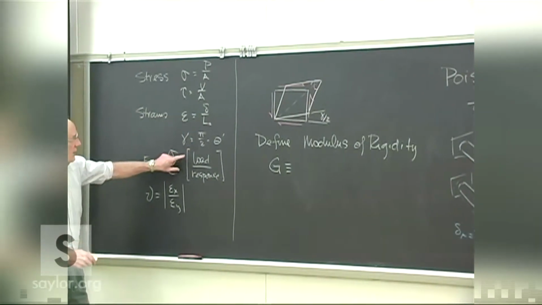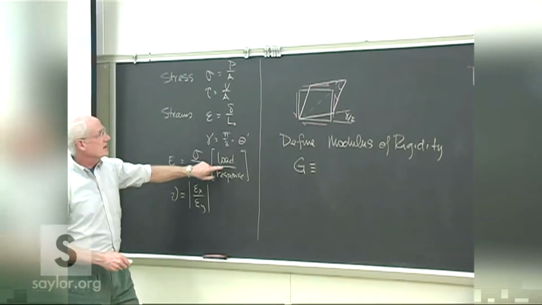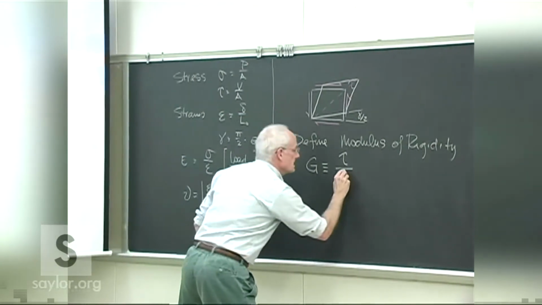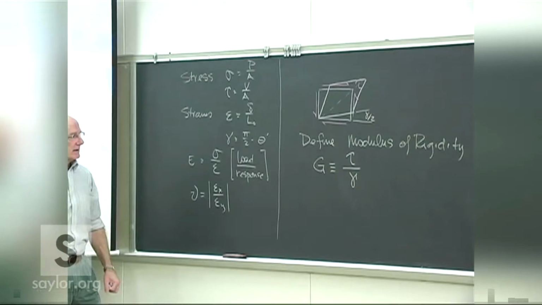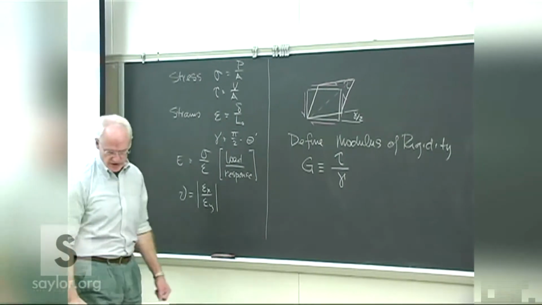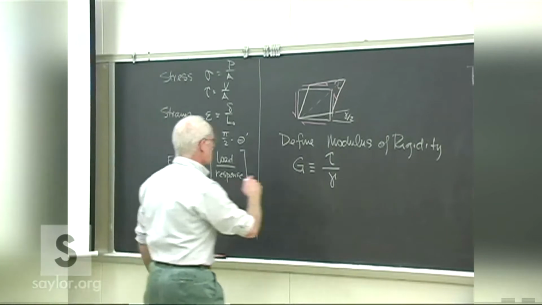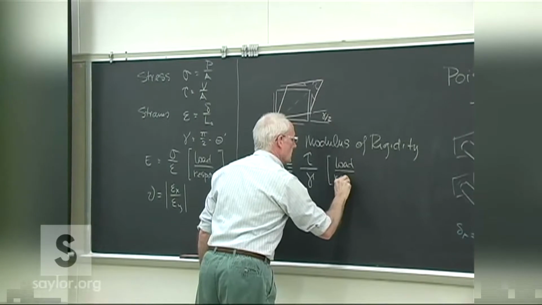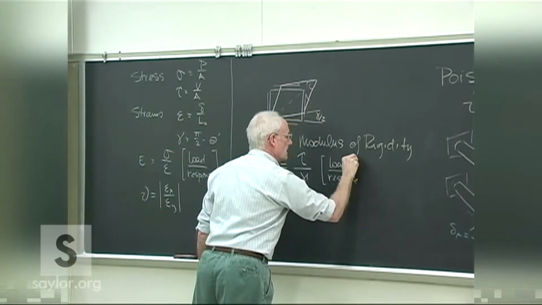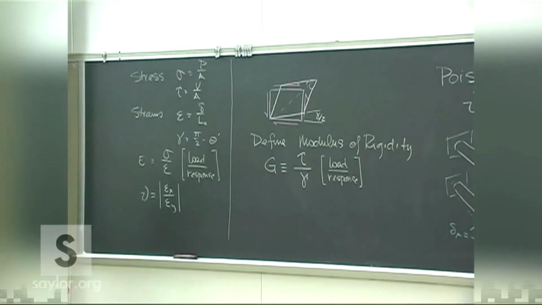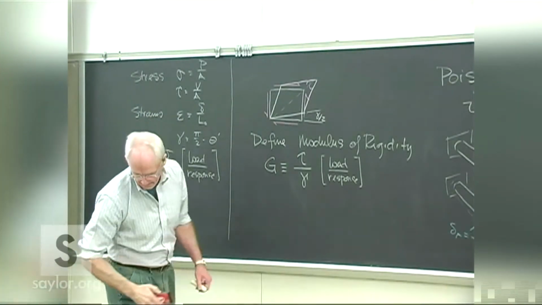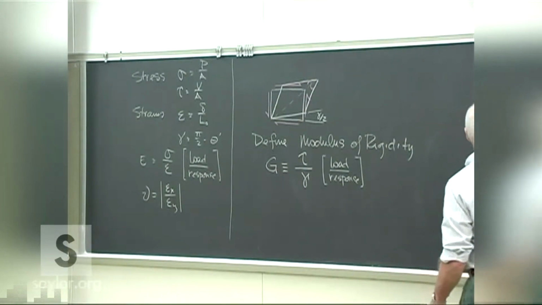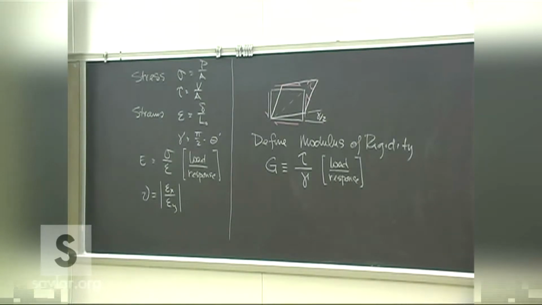And we can look at it in the same way: the load versus the response. The load is the shear stresses, and the response is the resulting angular strain. So we define the modulus of rigidity as something like that, in the same way we did the modulus of elasticity, as load versus response. Again, this is also a material property.